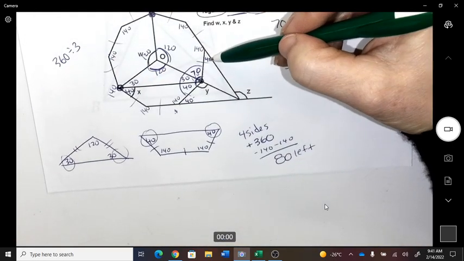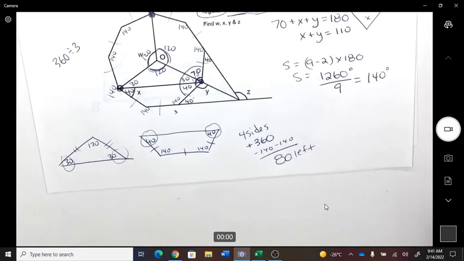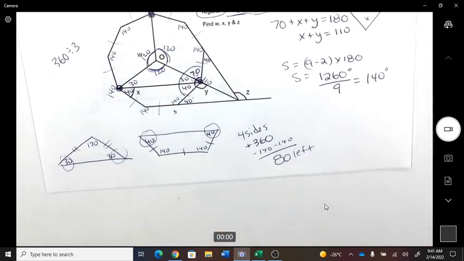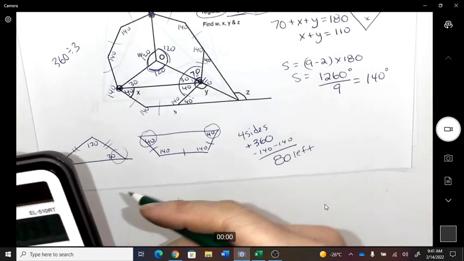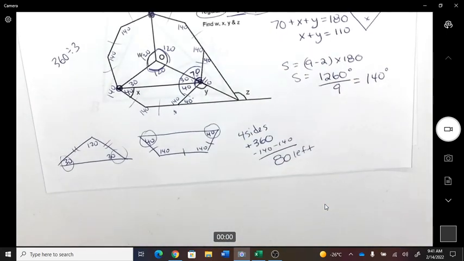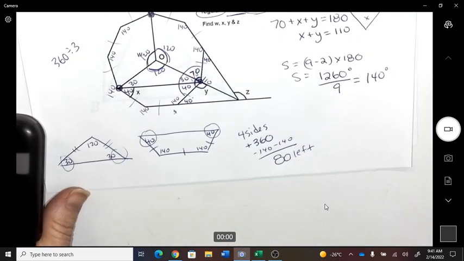Okay, supplementary, supplementary. What else do we got? I think this is 110, right? Because it's supplementary with a 70. And then this y is what then? What's left for y? You can do a supplementary.